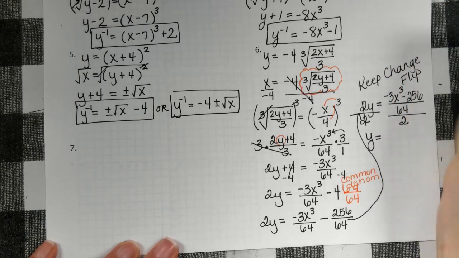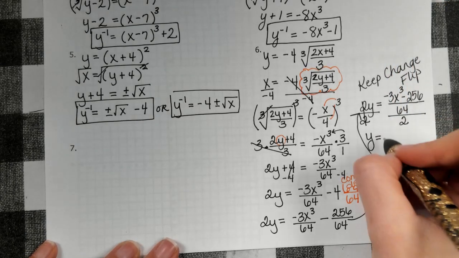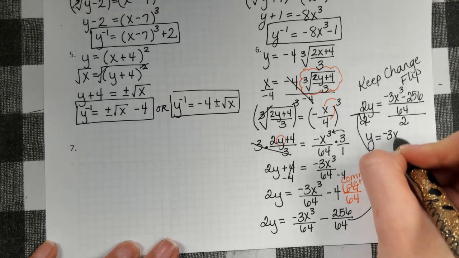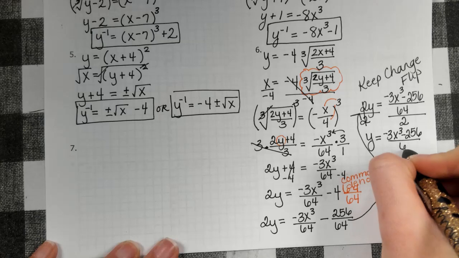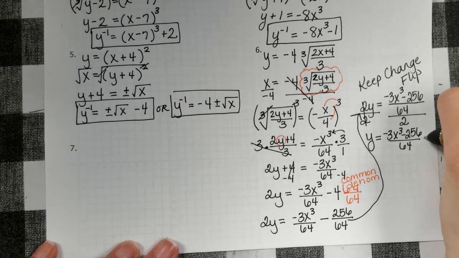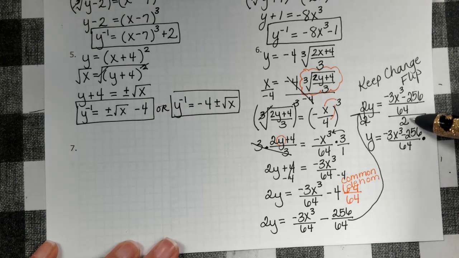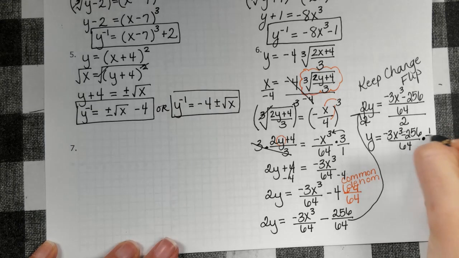Y'all remember that? Okay, so we keep our numerator, which is the full -3x cubed minus 256 divided by 64. And we multiply that by the reciprocal of the full denominator. My denominator is 2. So what's the reciprocal of 2? 1/2.